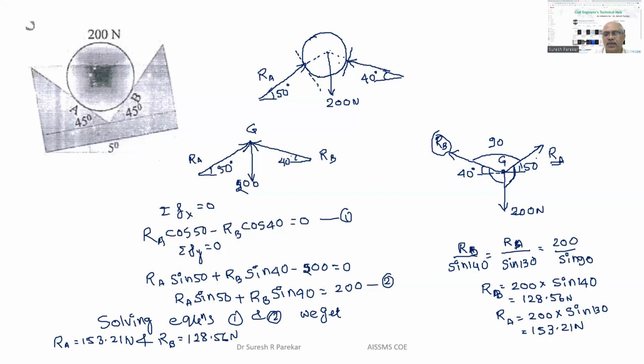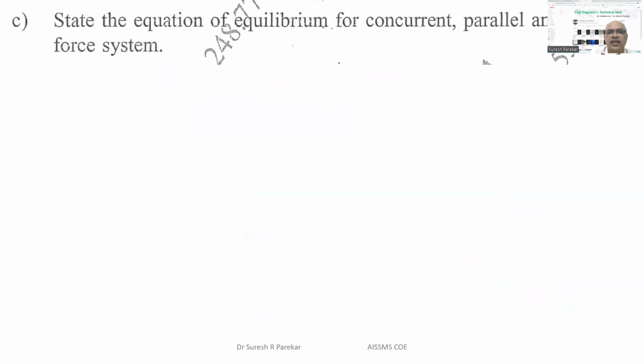So these problems are of the concurrent force system. Now, state the equations of equilibrium for concurrent, parallel and general force systems. For concurrent, we have only two unknowns and two equations, summation Fx equal to 0 and summation Fy equal to 0.